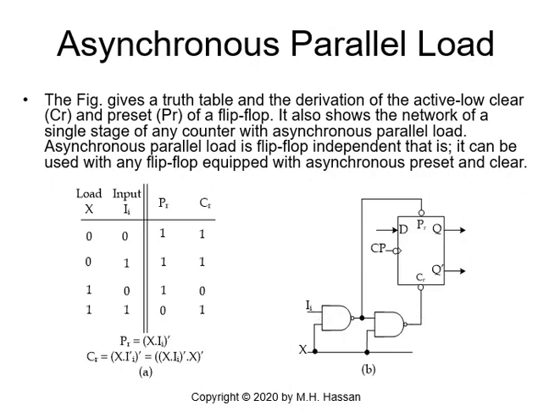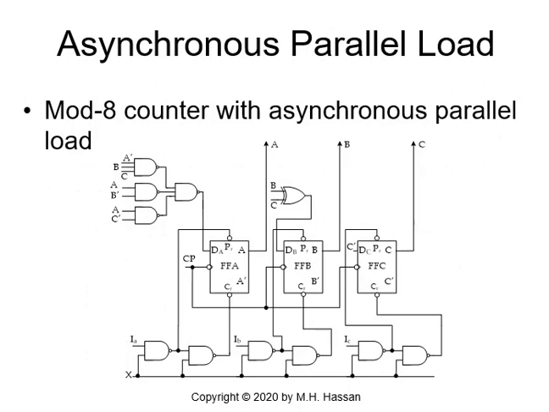So to do this, we designed a modulo 8 counter with asynchronous parallel load. A previous counter has already been designed using D-type flip-flops for a Mod 8 synchronous counter, and we proved those logical equations in a previous lecture.